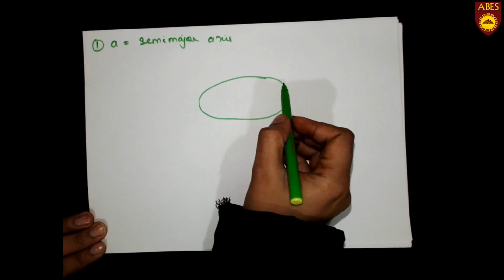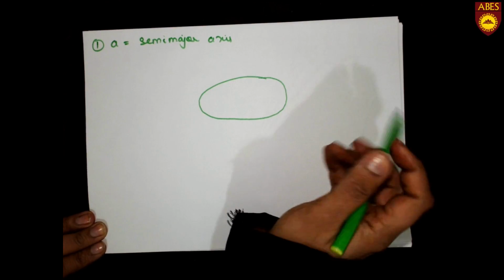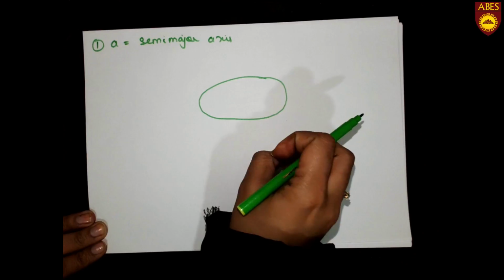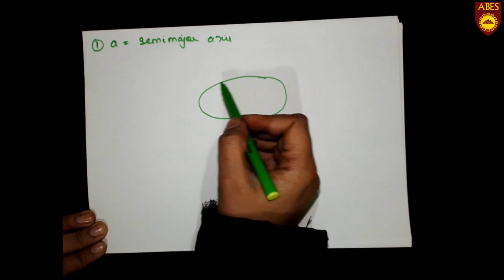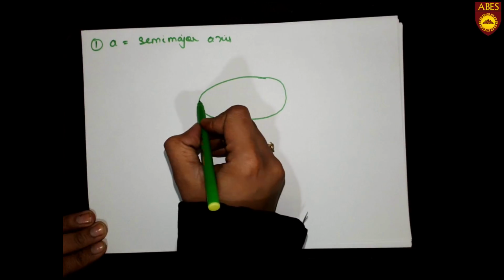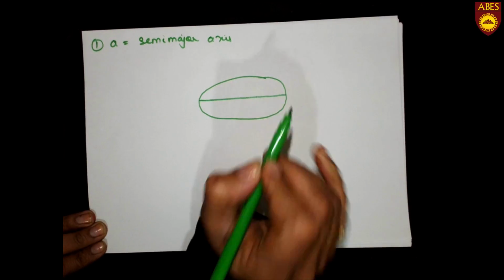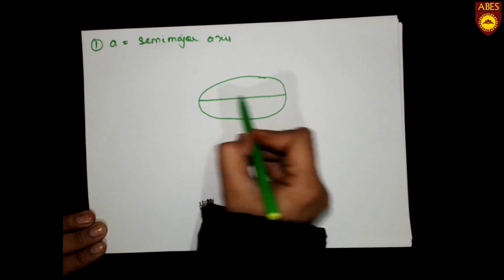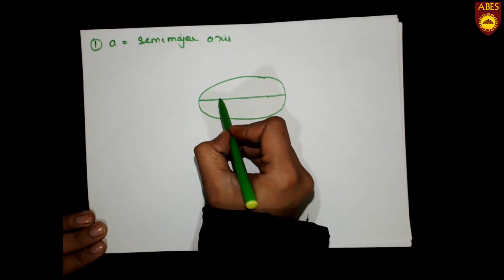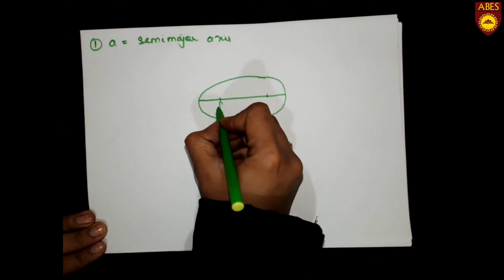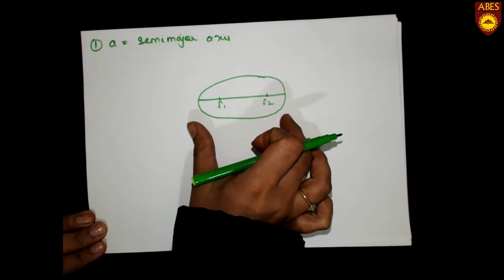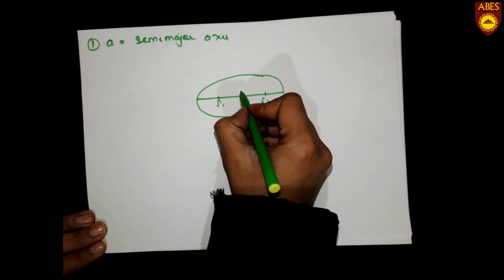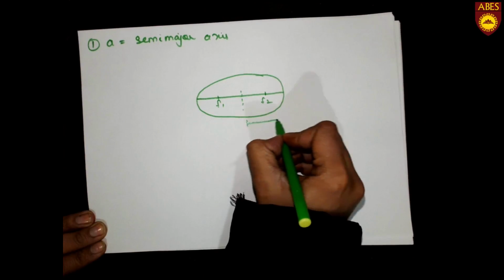Here the condition is that the orbit of the satellite is elliptical in nature according to Kepler's law. This elliptical orbit has a major axis, the line joining the two foci, F1 and F2. This complete distance is the major axis, and half of this distance is the semi-major axis.